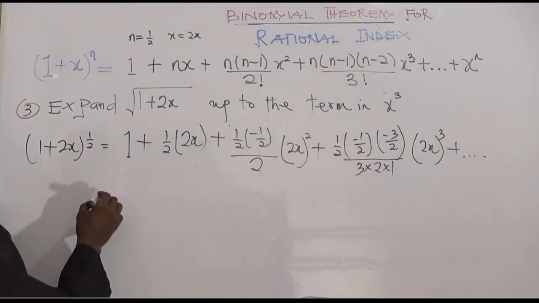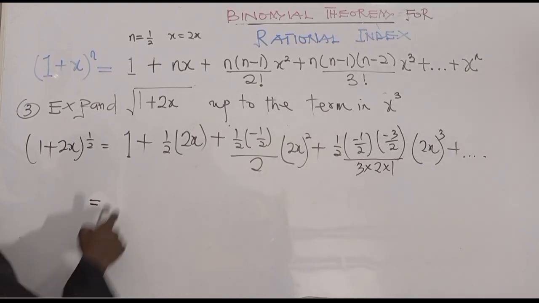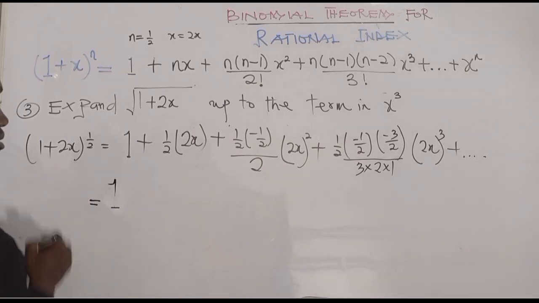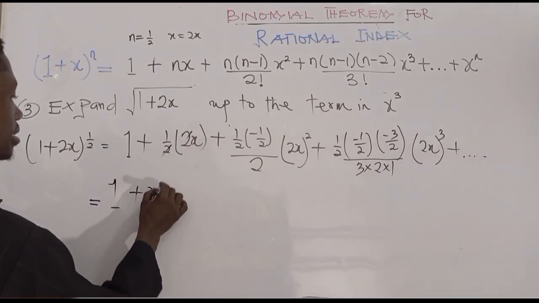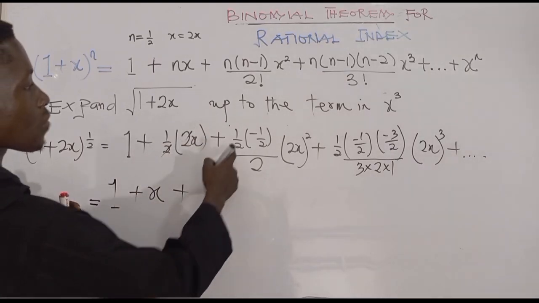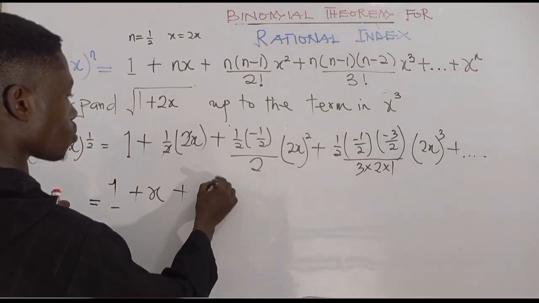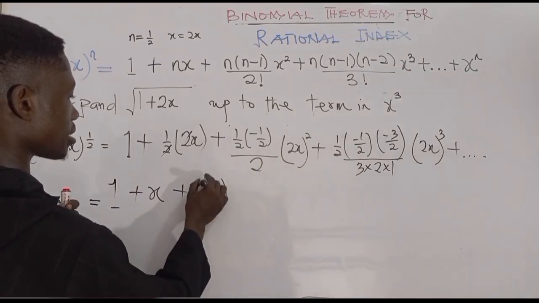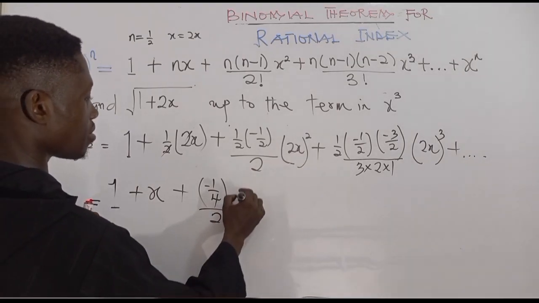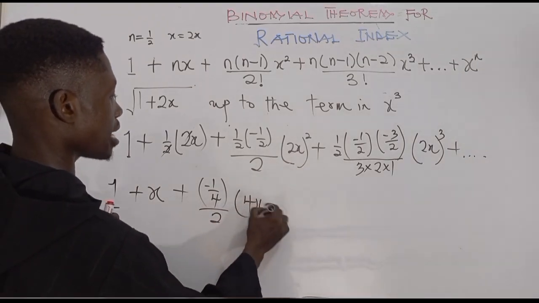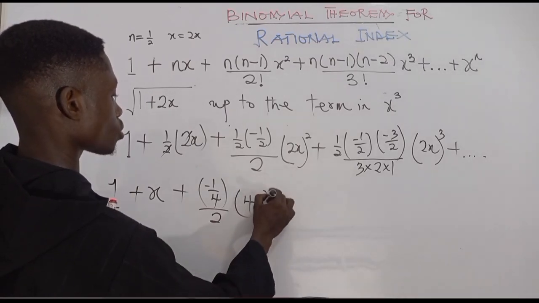So let's do some algebra here. We have 1. This and that will give us what? Plus x. When you multiply this, we are going to get 1 over 4, minus, all over what? 2. And then we have 4x squared.